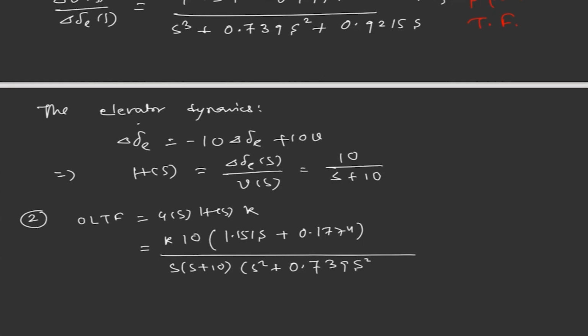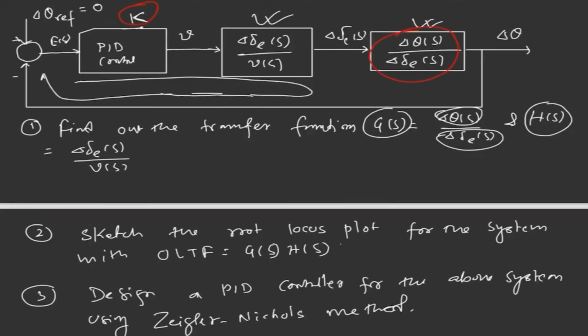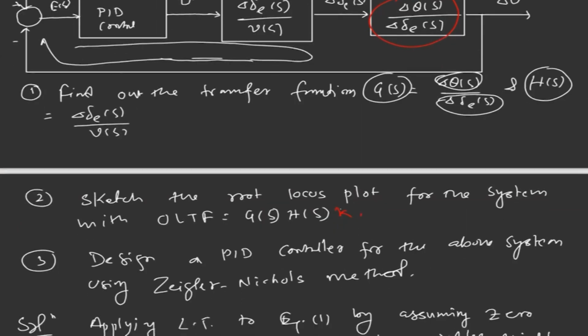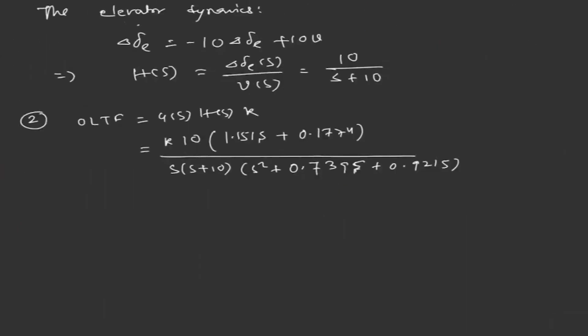S we take common outside. Because of the control we have considered, we write K here also. From this OLTF, we'll find the zeros.